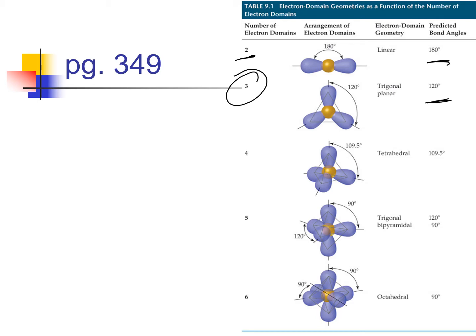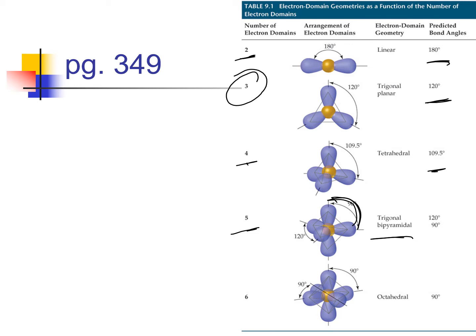They all lie in one plane, so think of that as flat. 4 electron domains, like we saw with that ammonia, have a bond angle of 109.5 degrees, and we call that tetrahedral. 5 electron domains we call trigonal bipyramidal. It's 120 degrees, basically like trigonal planar around the center, and then 90 degrees from top to middle. So it's almost like a trigonal planar and a linear merged into one.